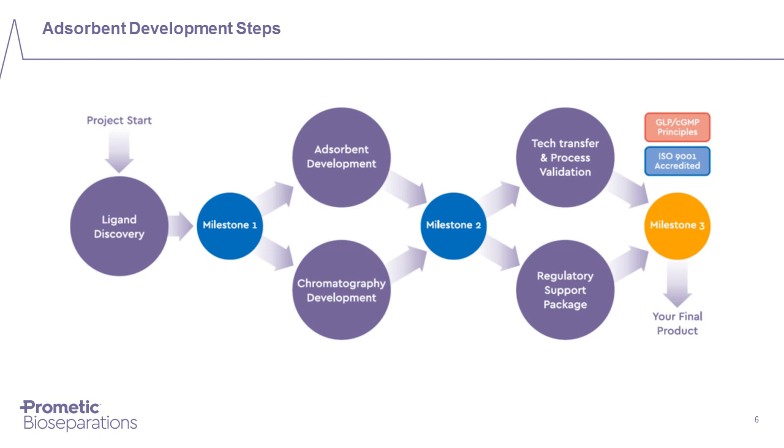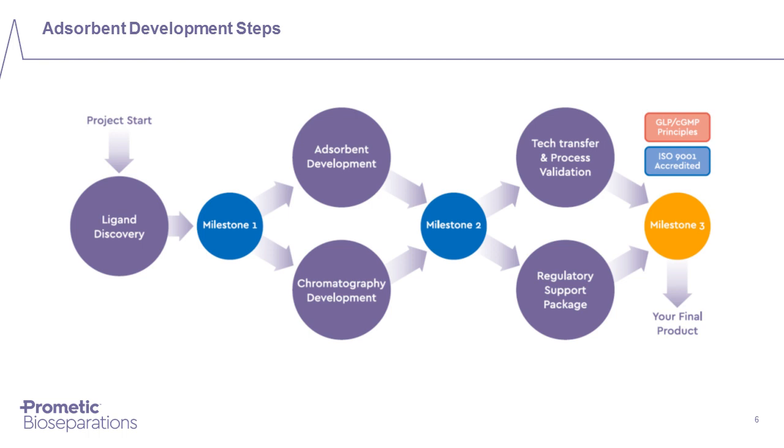Then we do the activities about adsorbent development and chromatography development. And the distinction between those two is that in adsorbent development, we are dealing more with the chemistry of producing the adsorbent itself. And in chromatography development, we are talking about the process of using that adsorbent.